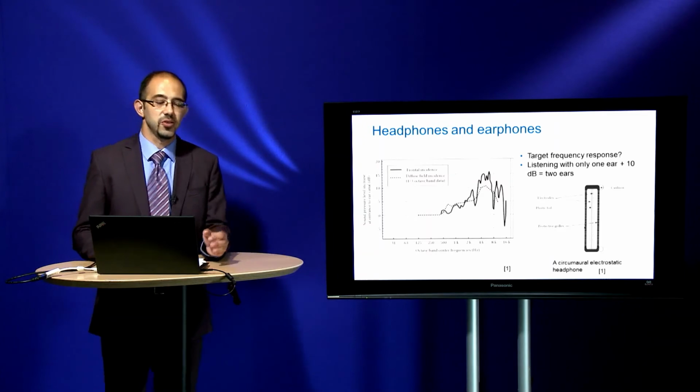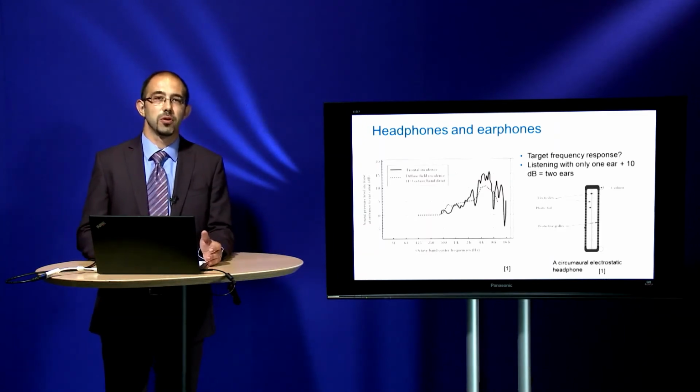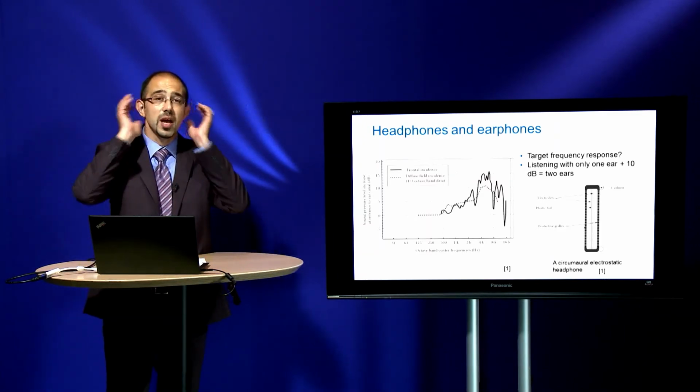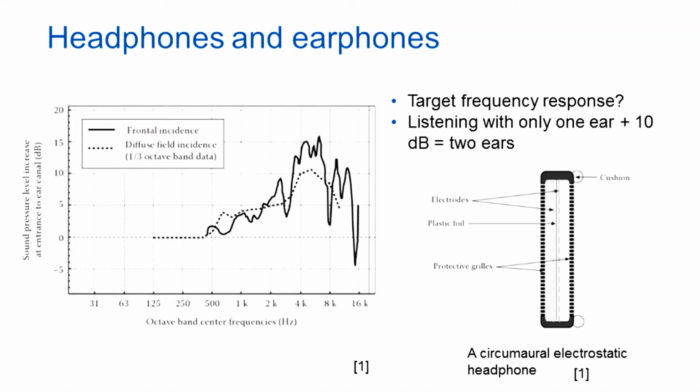But if we take headphones into account, we should also take the head-related transfer function into account, because in that case we have loudspeakers very near to our ears. Therefore, in most cases for headphones, it is better to have amplification of some frequencies at higher frequencies.